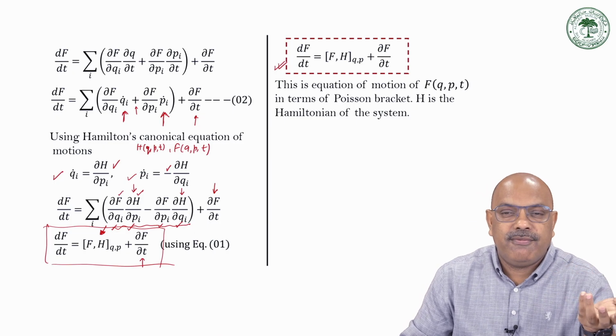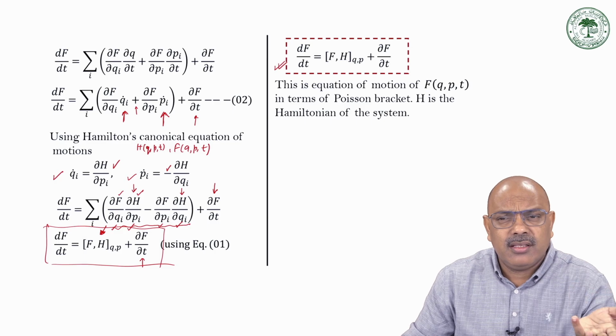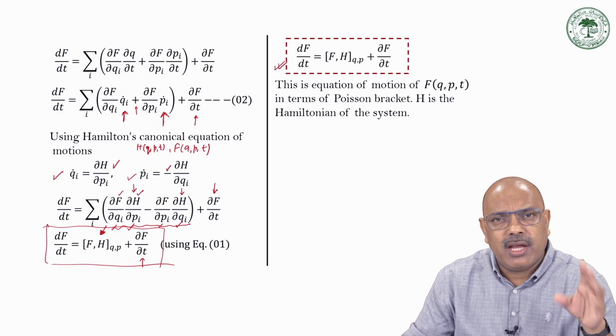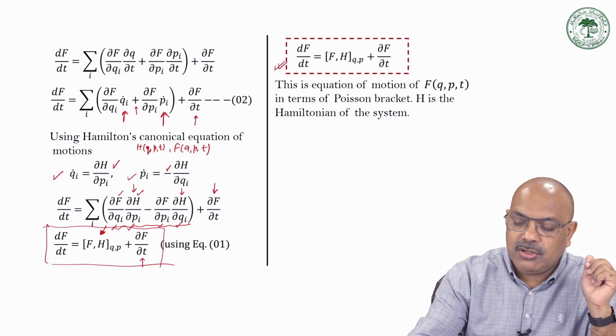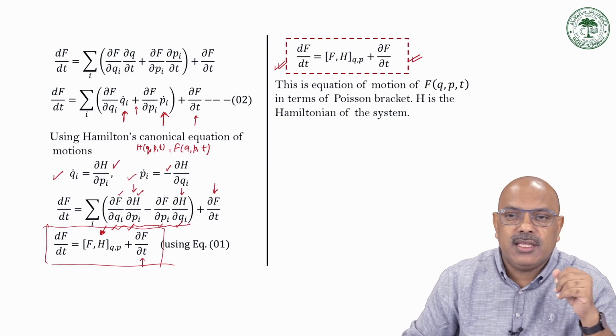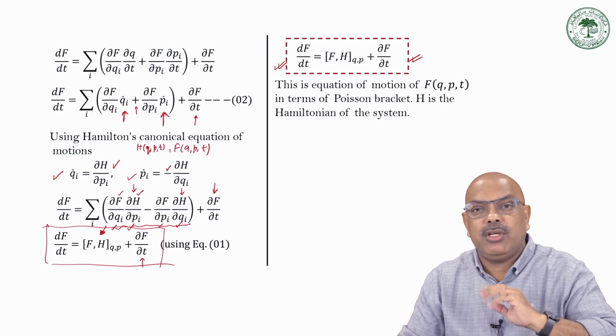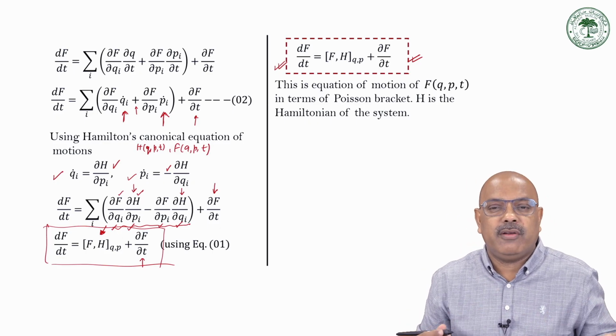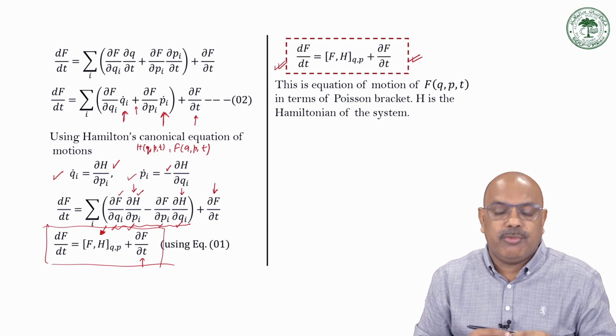So if you have the Hamiltonian of the system, and some function f corresponding to that Hamiltonian, then you can directly write the equation of motion of that function like this. We are going to use this later, so this is important: how to write the equation of motion of any function in terms of the Poisson bracket.